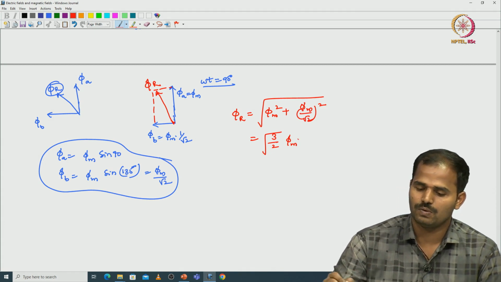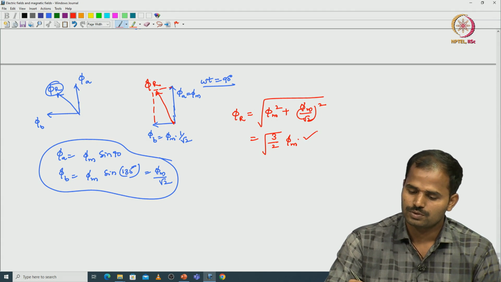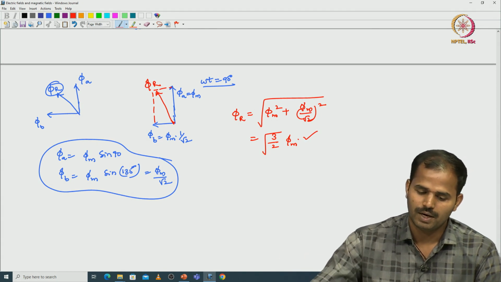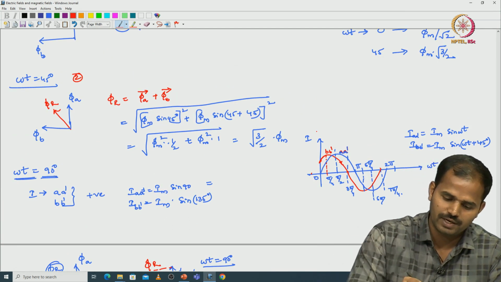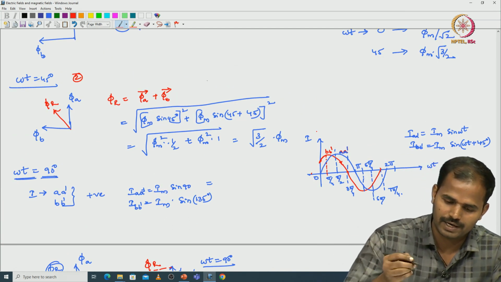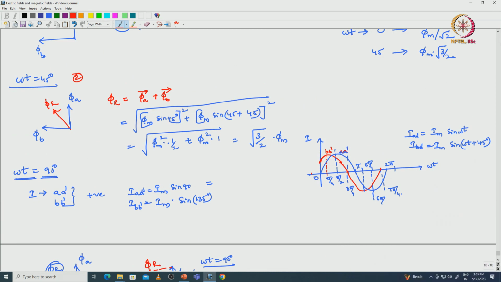At omega t equals 90 degrees it is also square root of 3 by 2 phi m, but the resultant vector direction is different. At 45 degrees the resultant vector direction differs because of the different magnitudes. Here the phi B magnitude is more and the phi A magnitude is less.